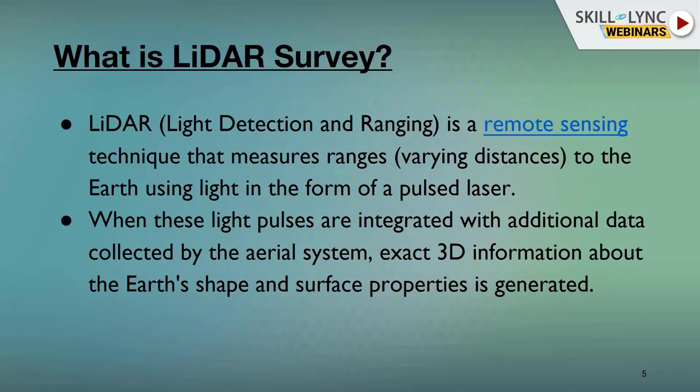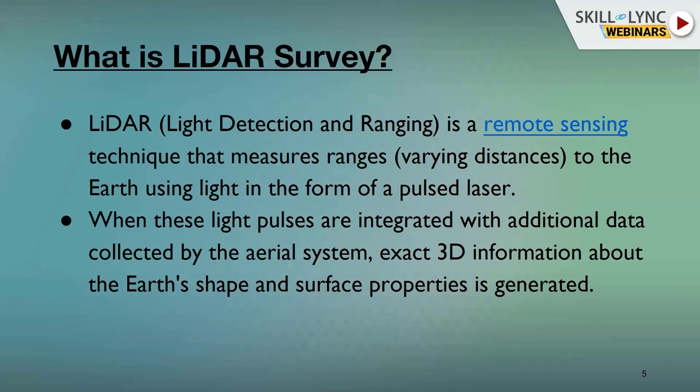Just think about that: when you're flying in an aircraft, I think most of you have the experience of flying in an airplane, you can see the real world features that are present at the ground level. The same kind of thing is working in LiDAR.